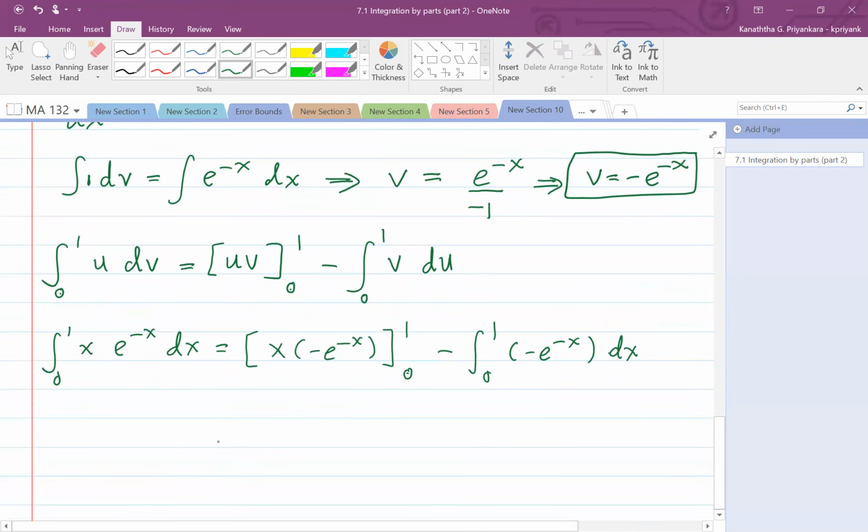Now we can simplify. So we have negative x e to the power negative x from 0 to 1. So this would be 0 to 1 x e to the power negative x dx. Now we have minus minus, we get plus integral from 0 to 1 e to the power negative x dx.